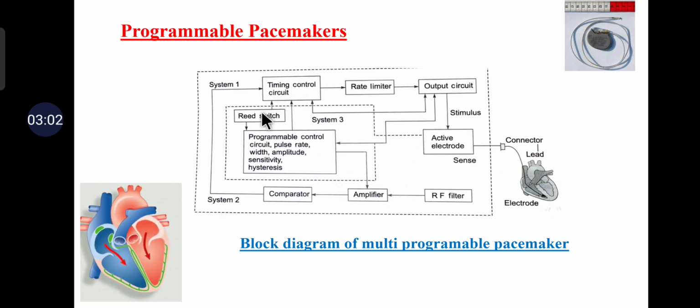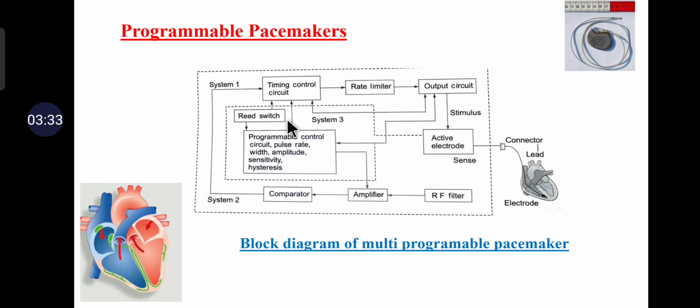Whereas system 2 contains a sensing and signal discriminating function circuit, comprising the sensing function of the electrode, an RF filter, a signal amplifier and one comparator. This system identifies the signals of cardiac origin, and where appropriate, sends an inhibit signal to system 1, along this path.